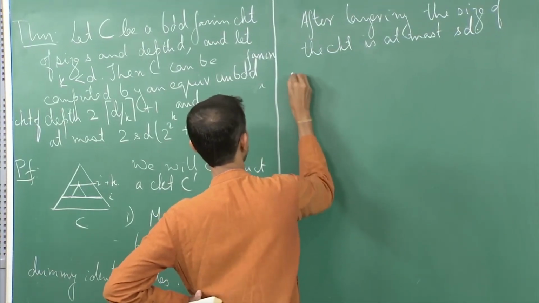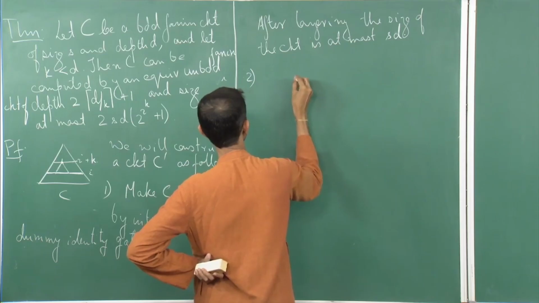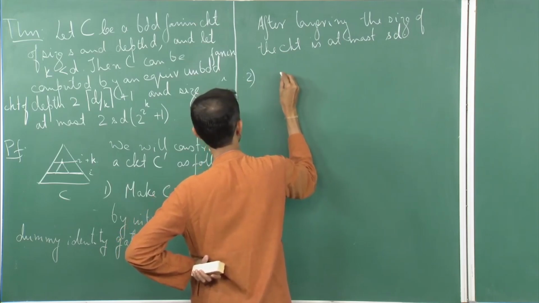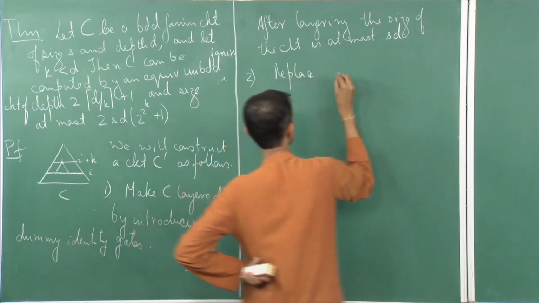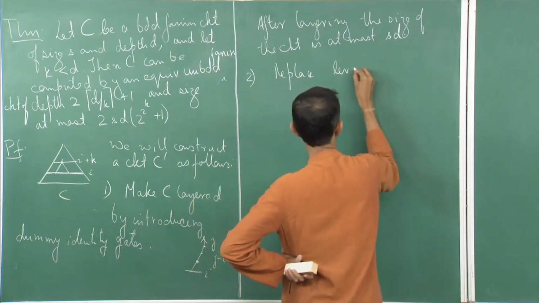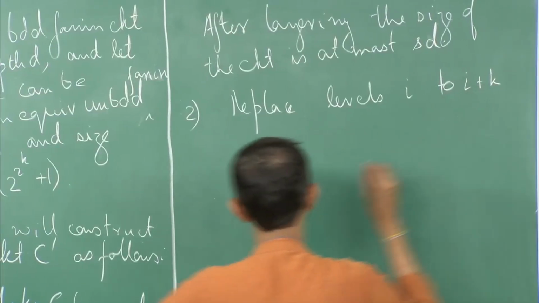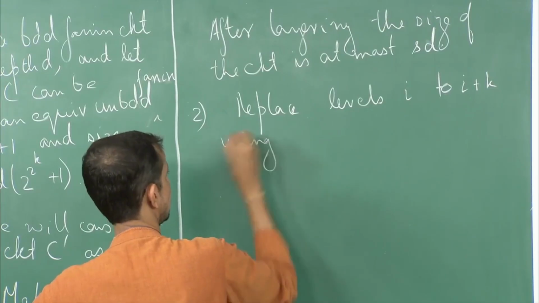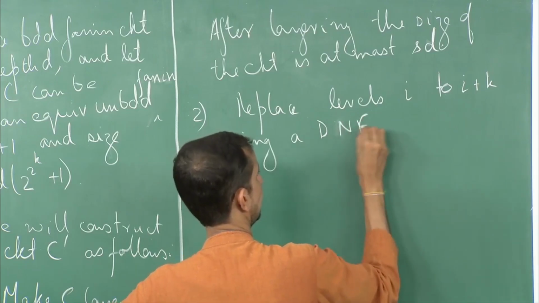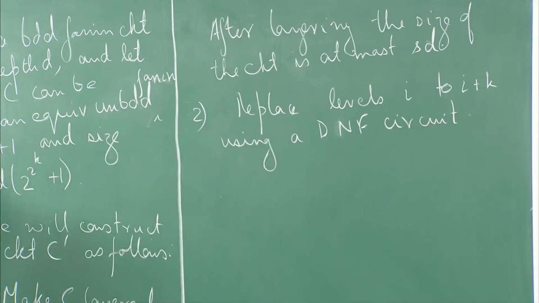Now, what I will do is that I will replace levels i to i plus k using a DNF circuit.